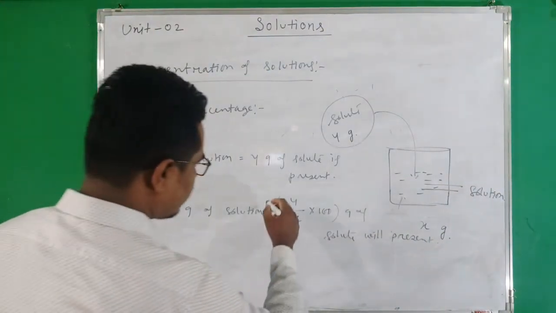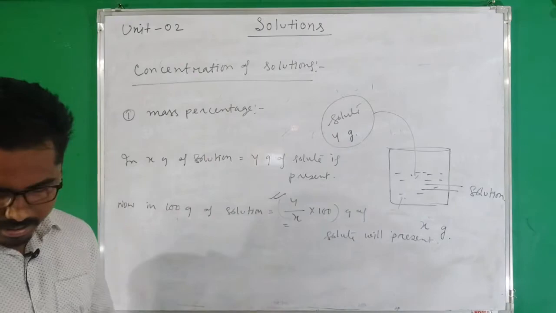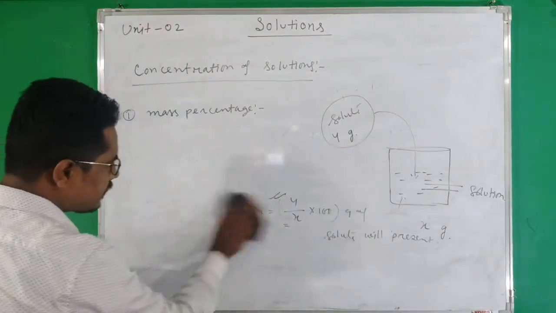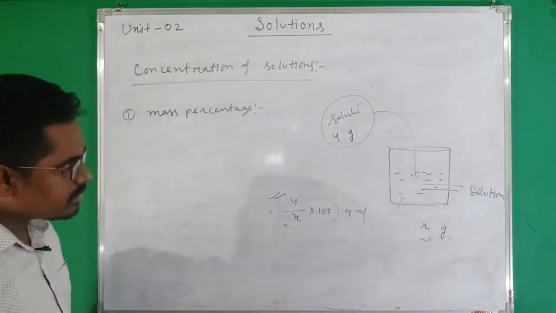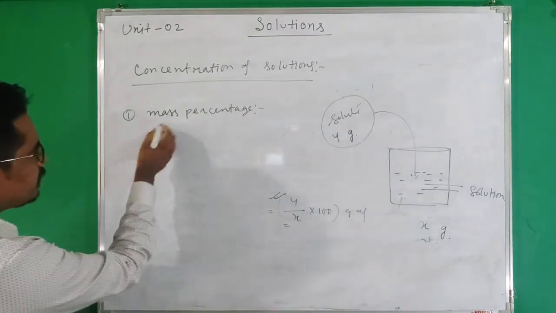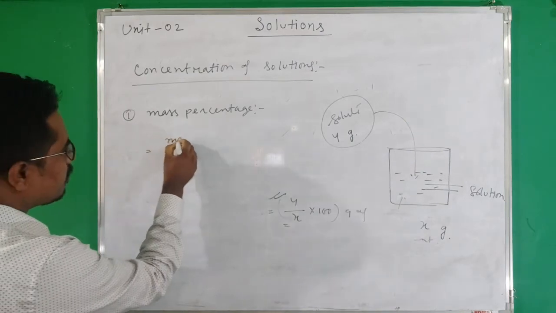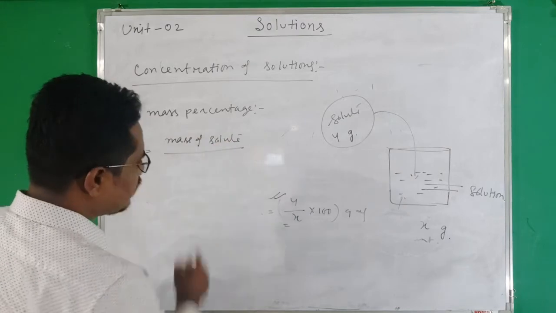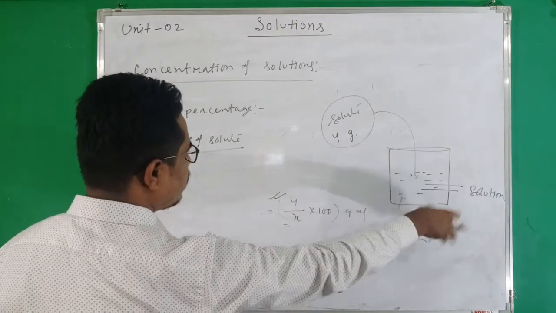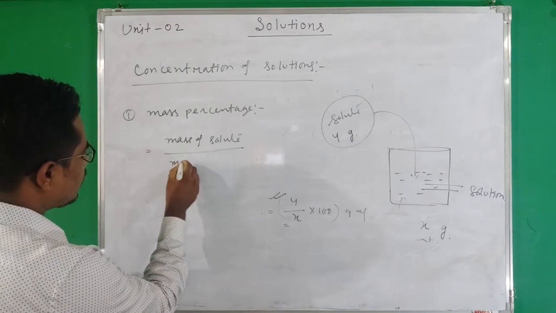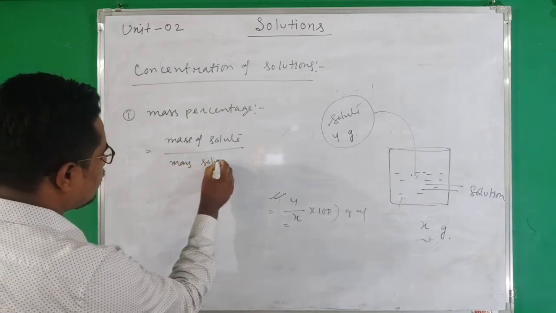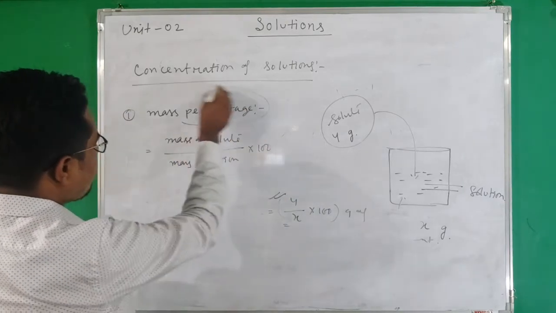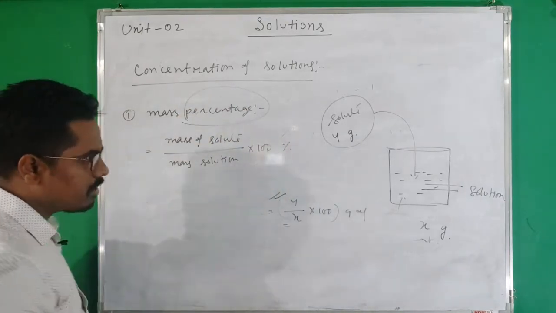Now we will convert this into a formula. y is mass of solute and x is mass of solution, so mass percentage equals mass of solute by mass of solution into 100, with the percentage symbol.